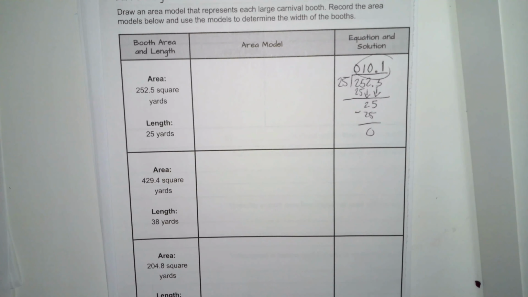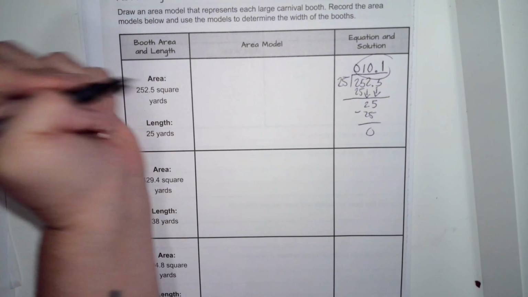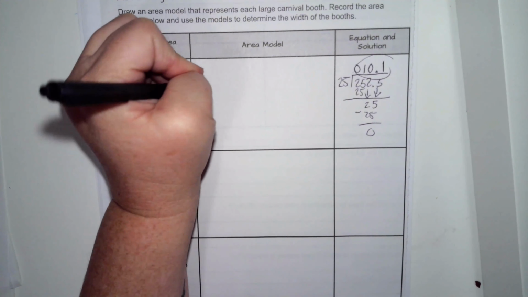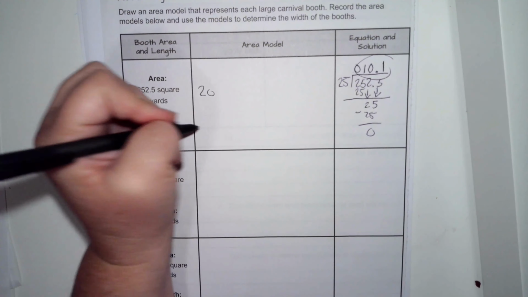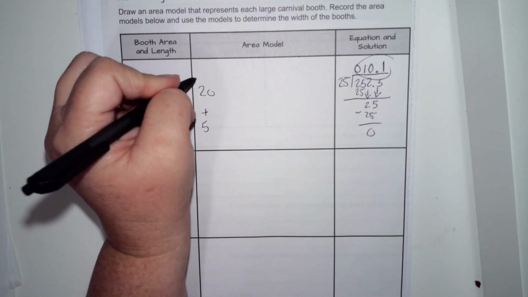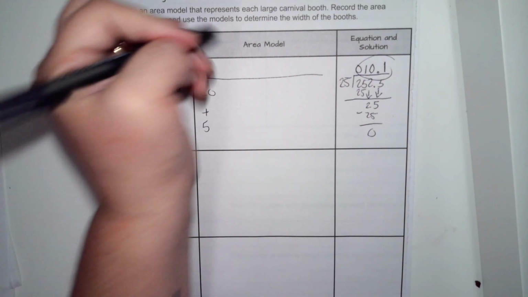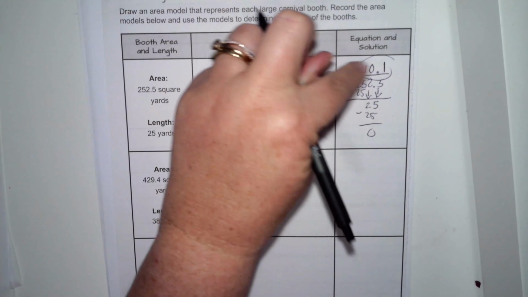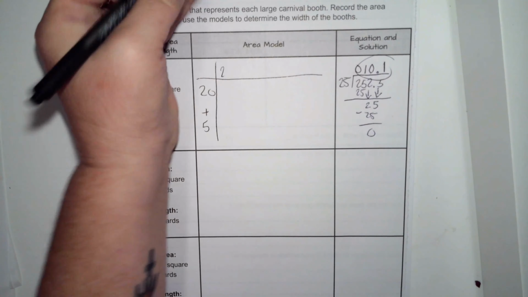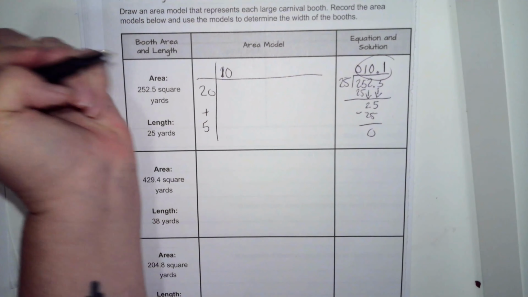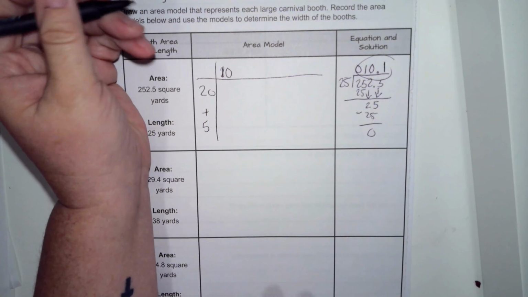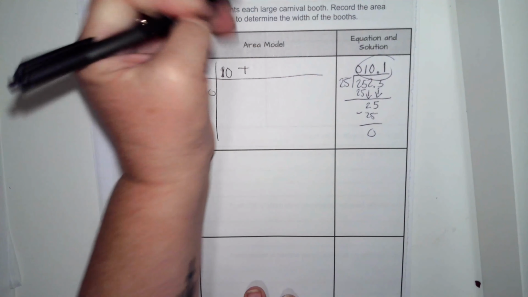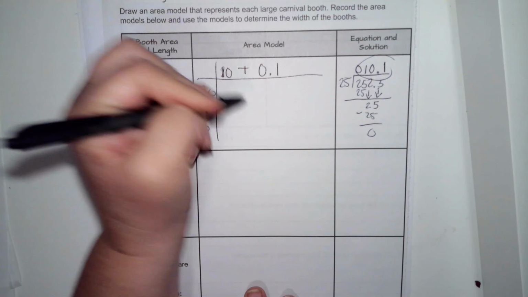So this is why the area model can be a little confusing, because what you want to do is, I'm going to start with my 20 over here and my 5 like we normally have done. Okay? Over here, I'm going to have my answer. So I have my 10, and then I'm adding my 0.1.